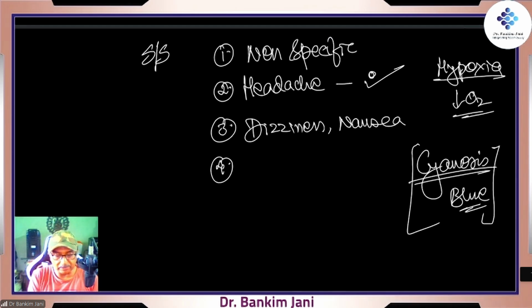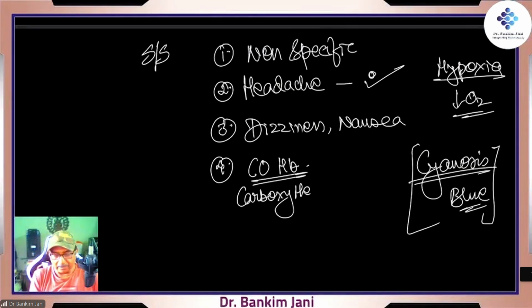So carbon monoxide hemoglobin. It is called carboxyhemoglobin. That would be found, correct? Because hemoglobin is bound with carbon monoxide. So it is called carboxyhemoglobin. Carboxyhemoglobin is much redder.